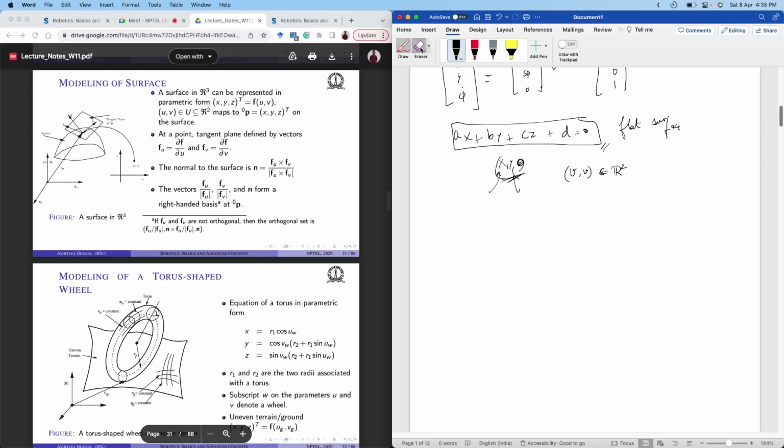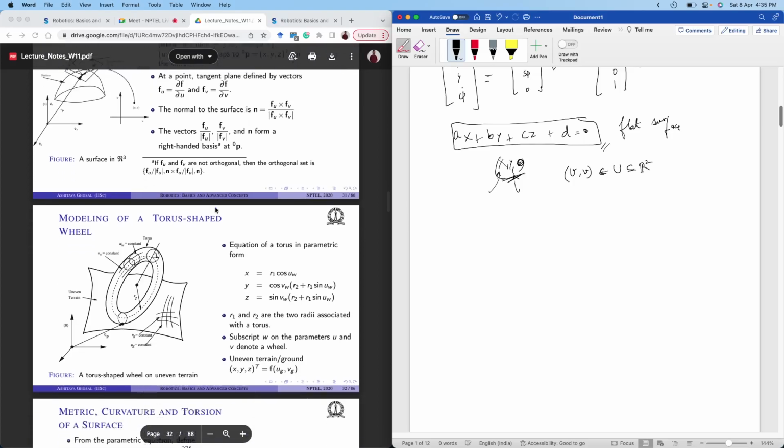And more precisely, as it has been written in the lecture, if it belongs to a surface U, then this U must be a subset of R2. It can be the complete R2 as well, but in a general case we can call it a subset of R2.